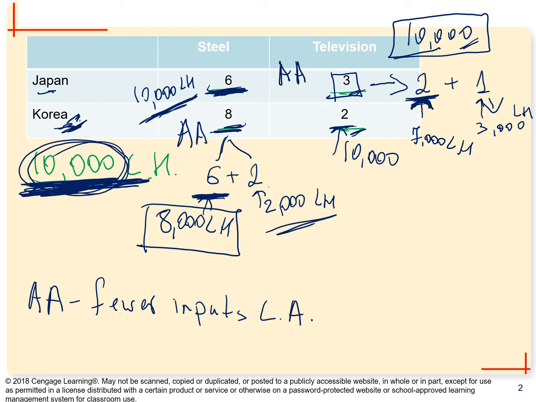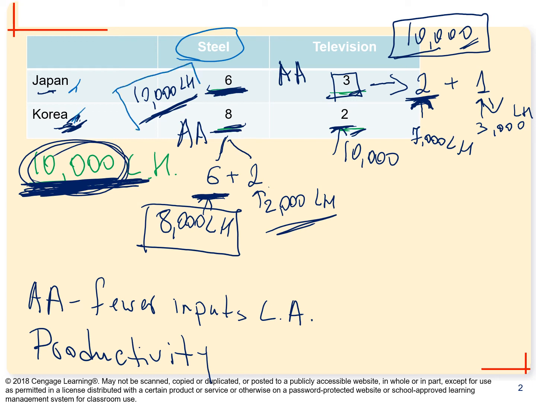Another point of view or another approach, remember, we can look at the productivity. Who is more productive? So just think about it again. I'm going to start with steel. Japan and Korea, they work 10,000 labor hours and they're producing units of steel.